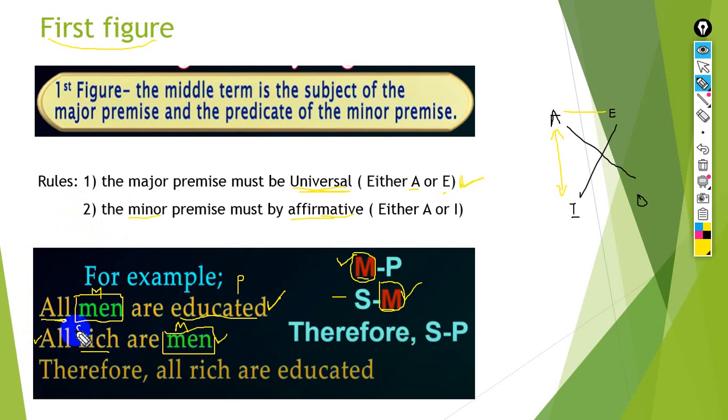So here we have this arrangement: M is P and S is M, therefore S is P. Here S is rich, the subject of this minor premise, and educated is the predicate of the major. So we can say therefore S is P. So this is the first arrangement of the syllogism.